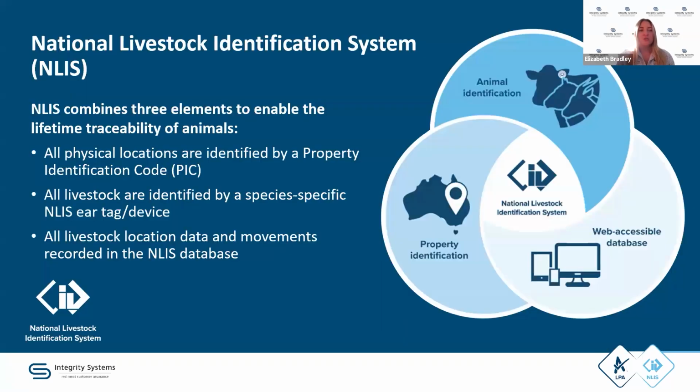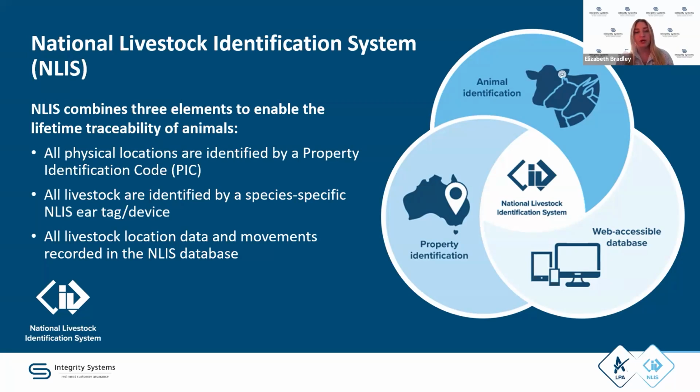So as Sheree mentioned, I'm going to run you through a little bit more around the PIC reconciliation and tips before we hand over to George to demonstrate how to actually do it on the database. As a refresher, the National Livestock Identification System is comprised of 3 different things that all work together to give us traceability of our livestock. We've got your Property Identification Code, which is your PIC, that represents the location of animals, where they are.